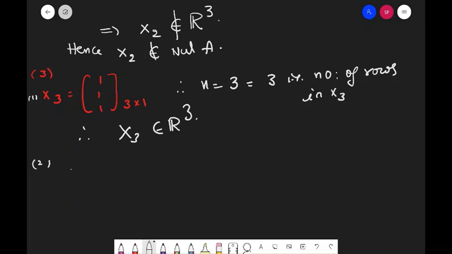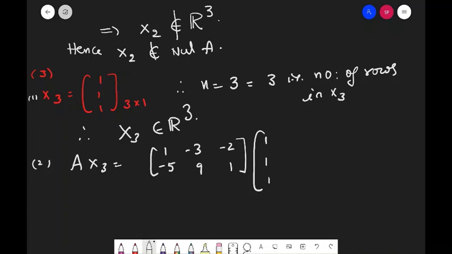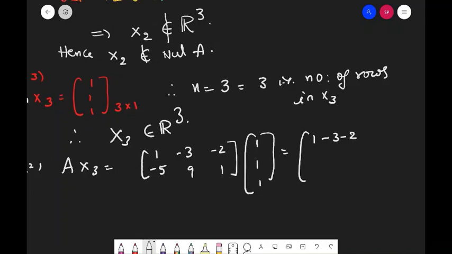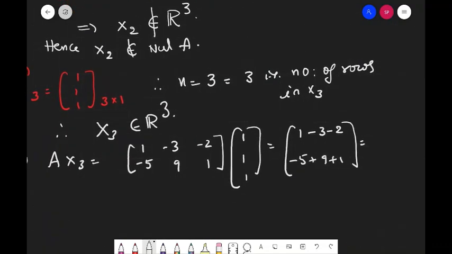Now let us look at the second condition. What is the second condition? Ax3 is equal to A, that is minus 1, not minus 1, it is plus 1; 1, minus 3, minus 2; minus 5, 9, 1, into x3, which is 1, 1, 1. So which is equal to 1 minus 3 minus 2, and then minus 5 plus 9 plus 1, which is equal to minus 4 and then this is 5.